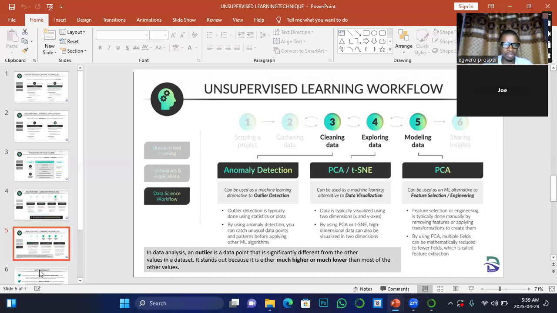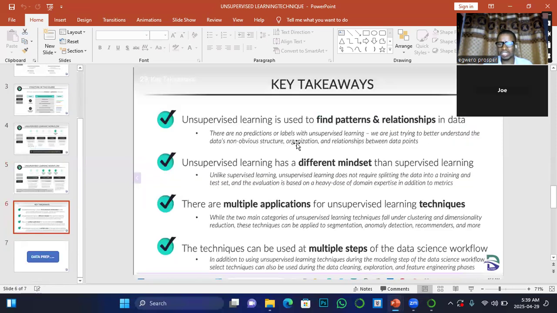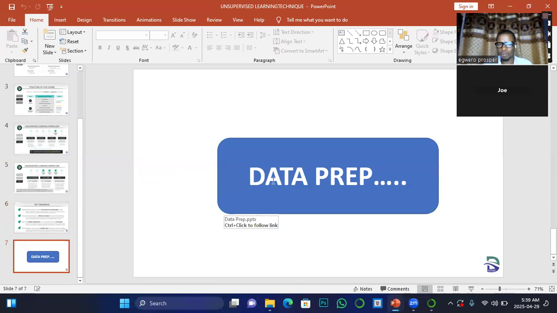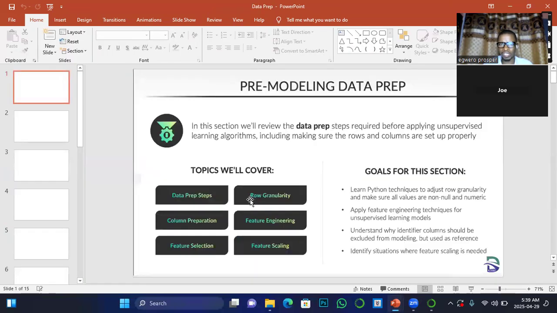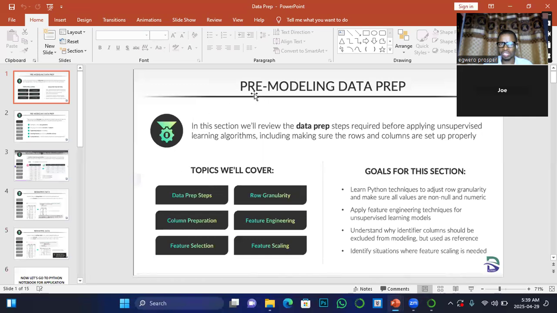So this is still the explanation I was giving. Now the key takeaway here is that unsupervised learning is used to find patterns and so on. Now we go to data preparation. So here we are entering the practical aspects. Like we specified there, the way we are going to go, we're going to start with preparing our model.